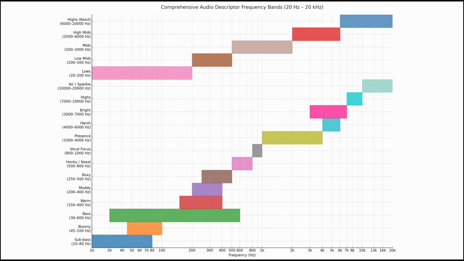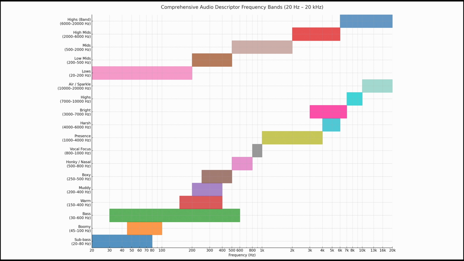That's usually where you hand off to a subwoofer, usually around there, 150, 200 hertz. Those are going to be your lows. That makes your low mids from about 200 to 500. It puts your mids from 500 to 2000, your high mids from 2000 to 6000, and your highs for this descriptor is going to be everything above 6K.